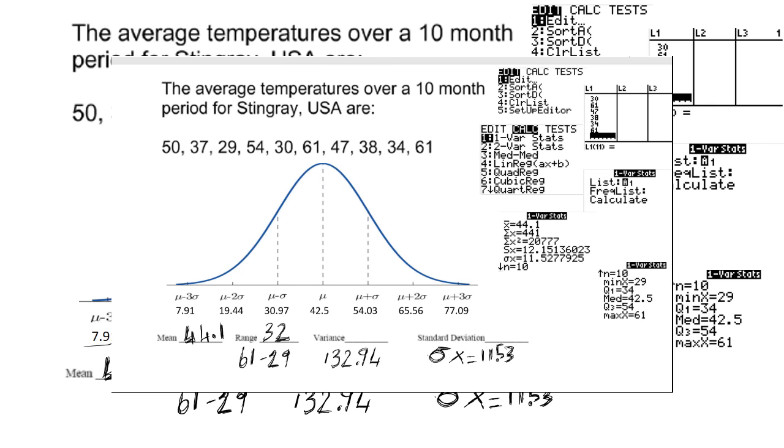Now, by using the standard deviation, we can find some important points on our graph. We will find these points by taking the mean value and by adding standard deviations to it and subtracting standard deviations from it. If I add one standard deviation to the mean, I will get 54.03.